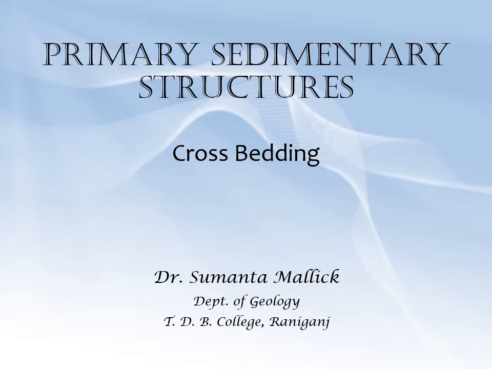So this way, due to the migration of ripples under a unidirectional flow, mainly the cross beddings or cross laminations are formed. Now cross bedding is probably one of the commonest types of primary sedimentary structures that geologists encounter in the sedimentary rock record.